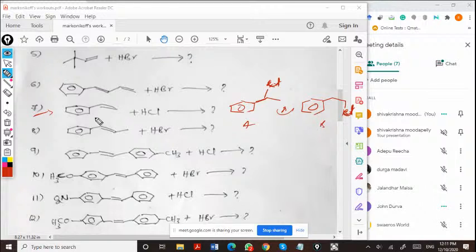Because upon carbocation generation, the benzyl will be more stable. Benzyl carbocation will be more stable, so it will be attacked. So this is major.